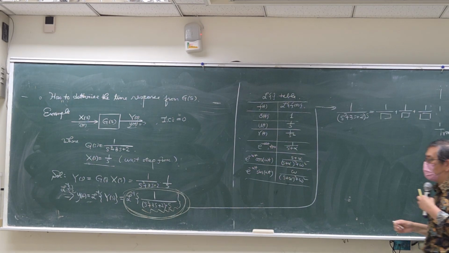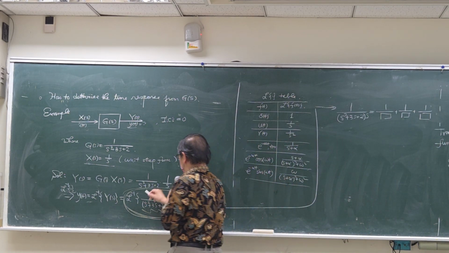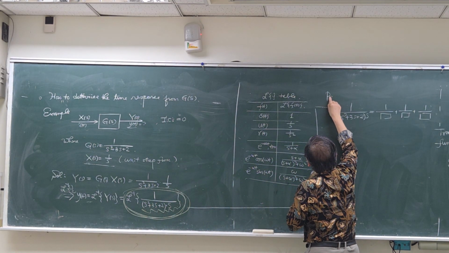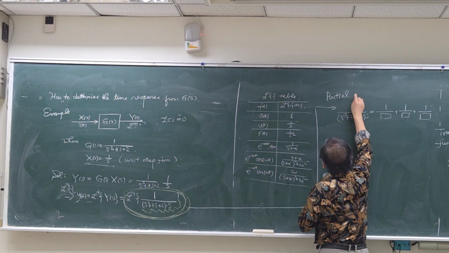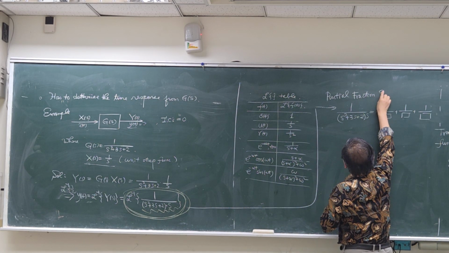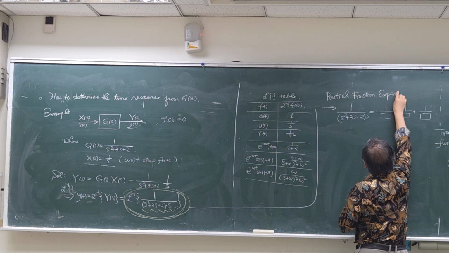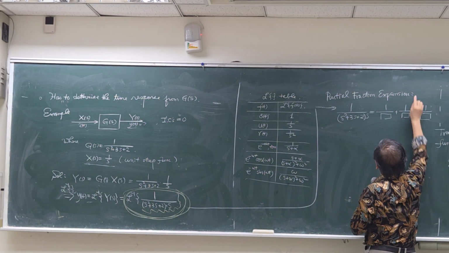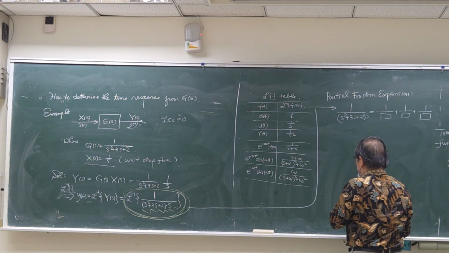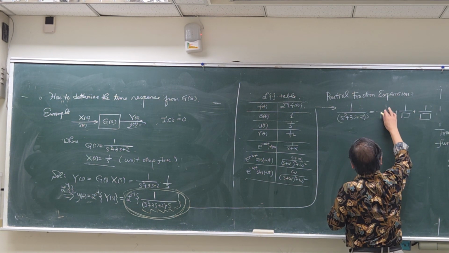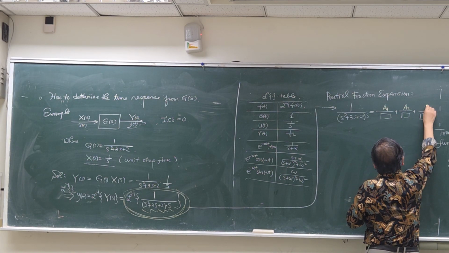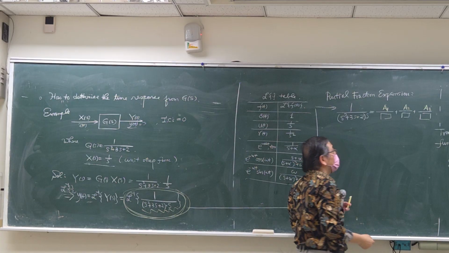Mathematically, what we can do is use so-called partial fraction expansion. We are going to break the transfer function down into smaller systems with lower degrees.